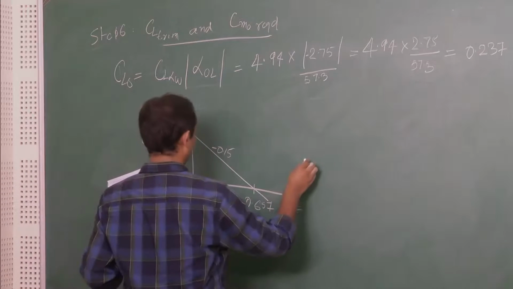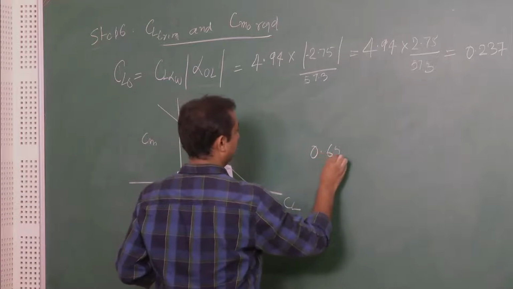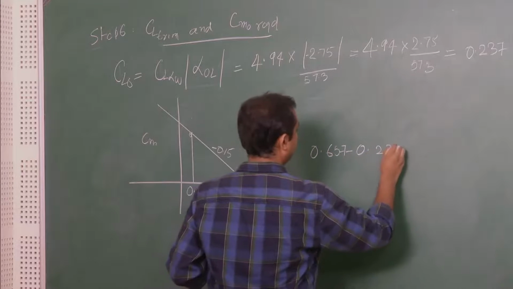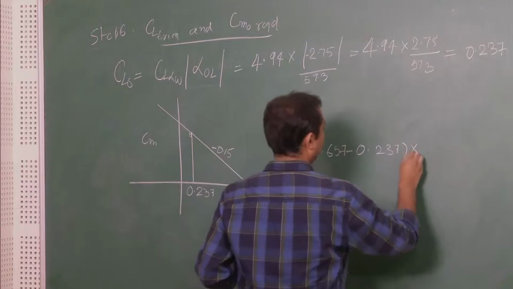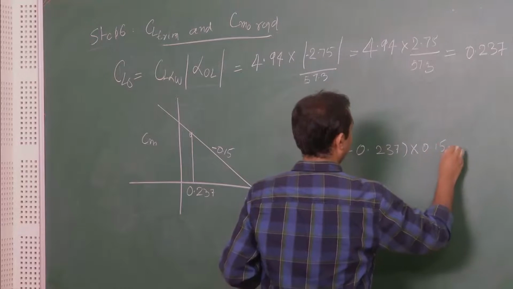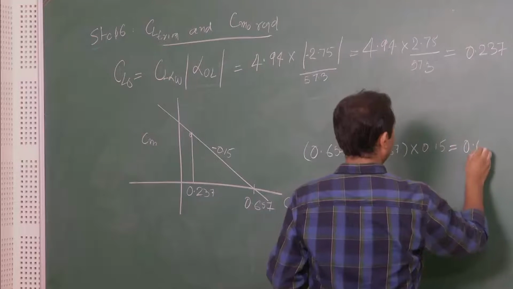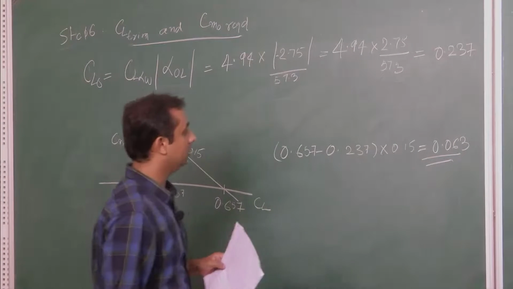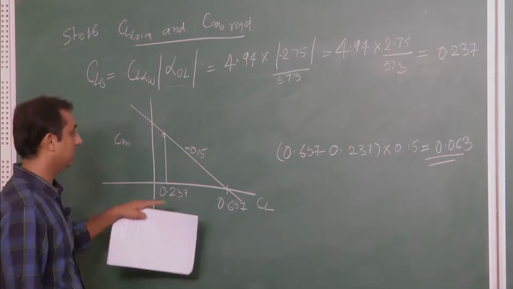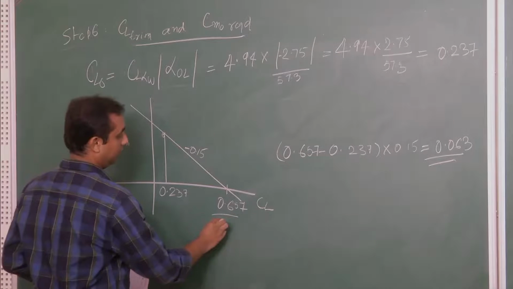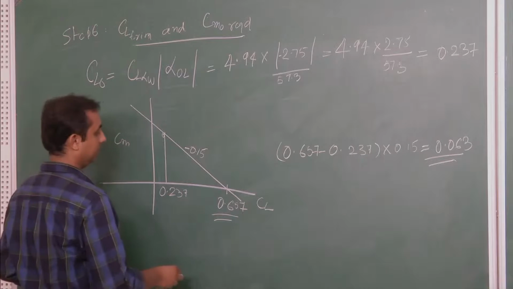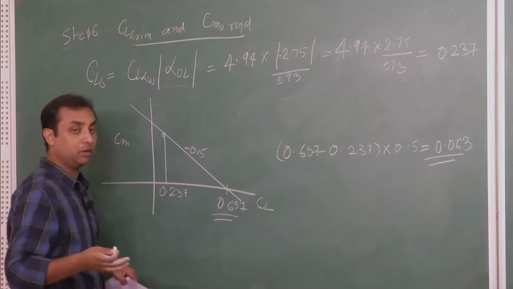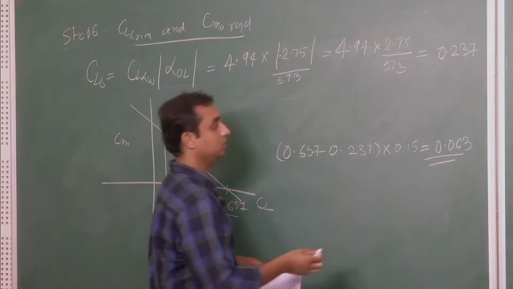Simply I have to do 0.657 minus 0.237 into 0.15, which will give 0.063. So in order to get a static margin of 15% at Cl trim of 0.657, I have to get the overall Cm naught of the aircraft as 0.063.